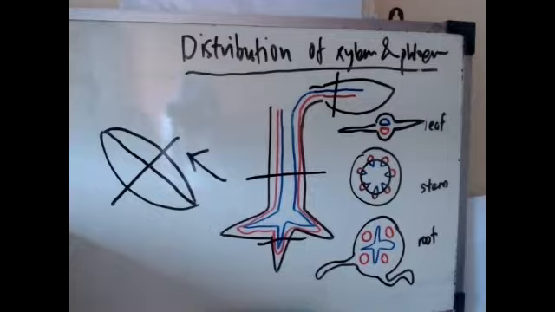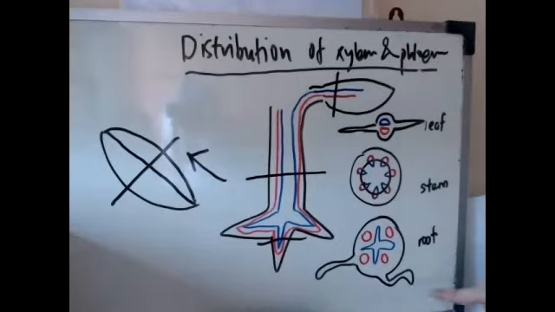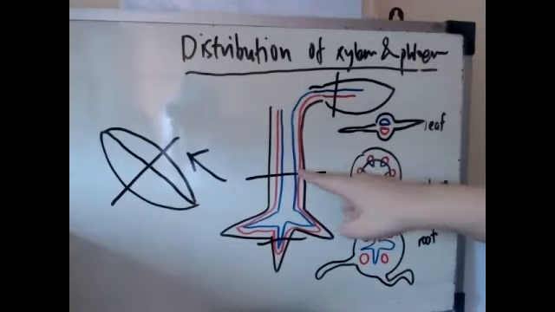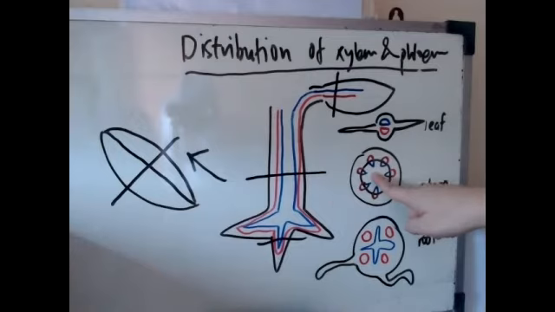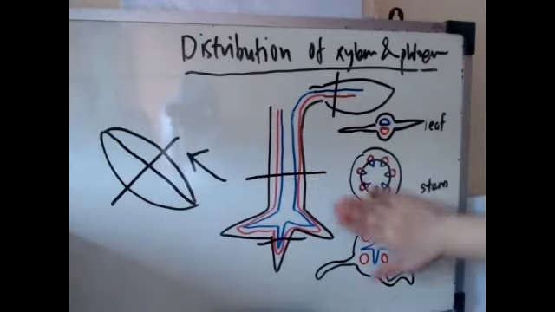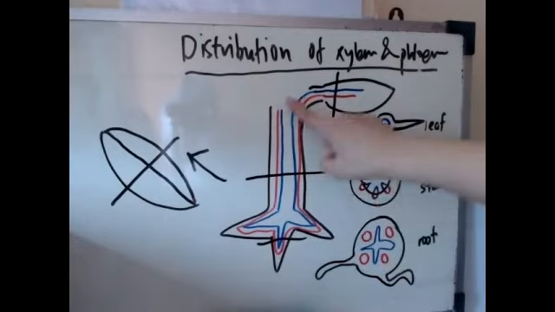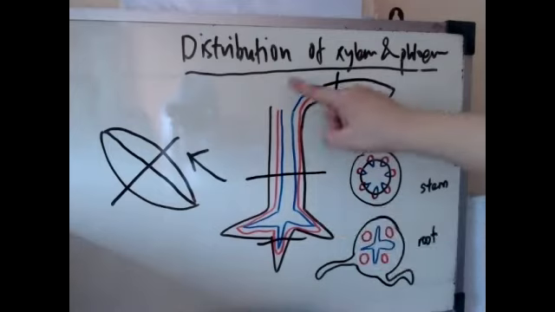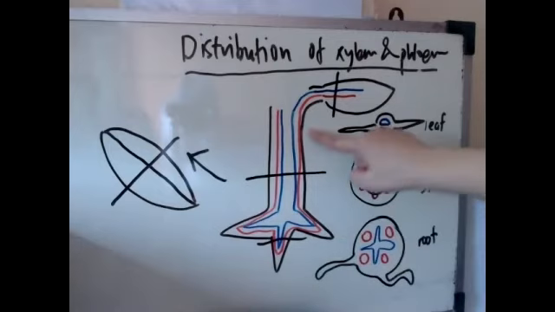Okay? So these are the distribution of xylem and phloem, color coded. Blue means xylem, red means phloem. So if you ever forget their distribution, if you forget which is which, you draw this out. Always remember xylem is inside. So you draw this line and then you draw it towards the leaf.